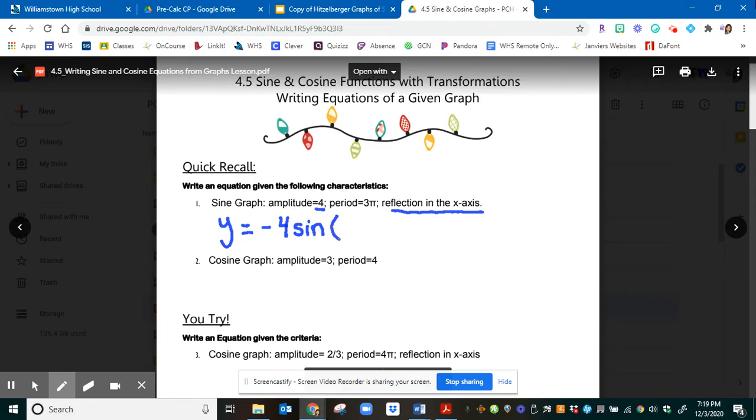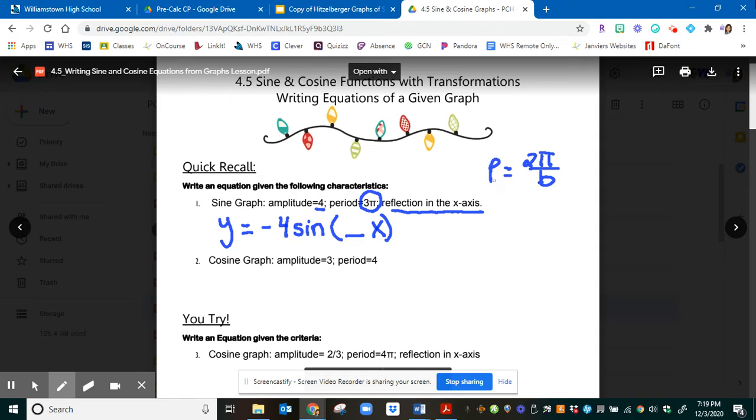And then remember that we have to put b in front of the x value, or this could be a theta, or it could be whatever letter you want it to be, as long as that's representing the angle. So what I want you to pay attention to is that they give us the period, they don't give us the b value. So if we remember that period is the formula 2 pi over b, then all we have to do is substitute out the period for 3 pi.